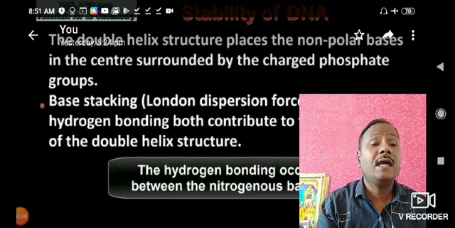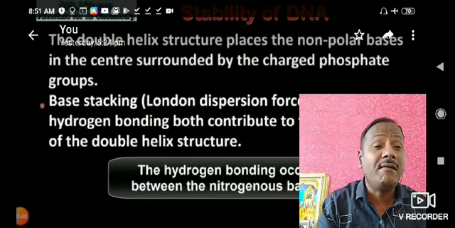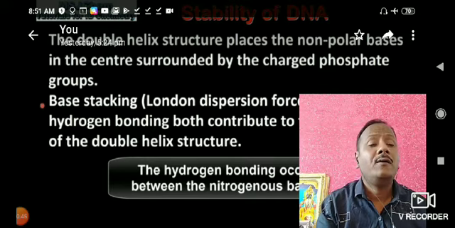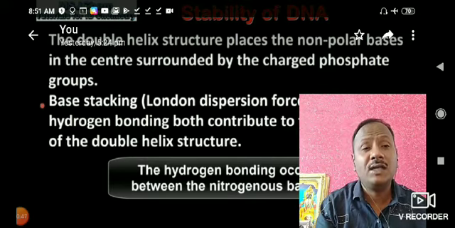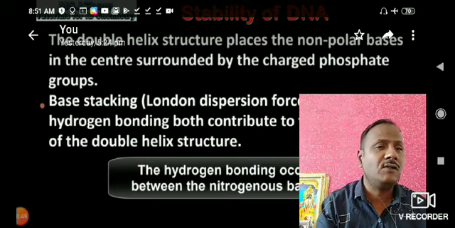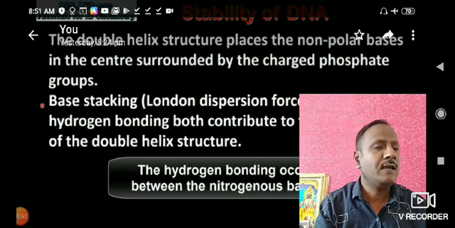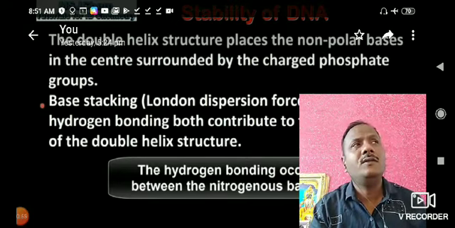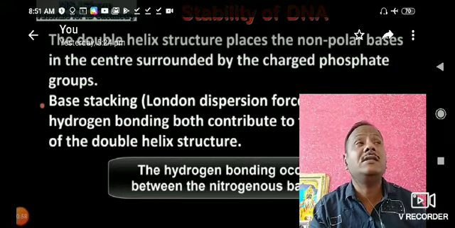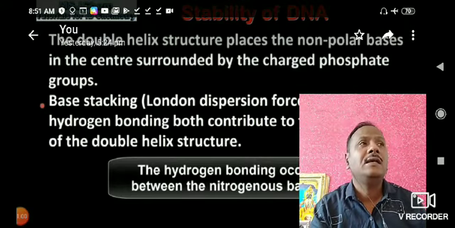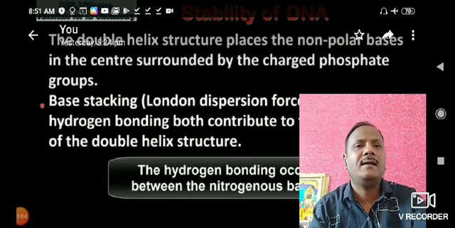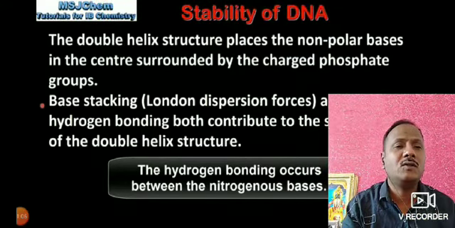And DNA we can handle easily at laboratory levels. Whatever changes we want to make in the DNA, we can carry out at laboratory levels, but we cannot change RNA. That's why DNA is important. We can study DNA more as compared to RNA, and that's why it is more stable.